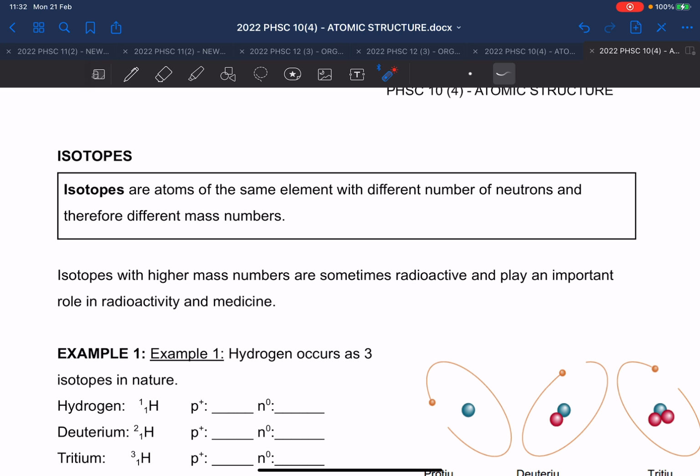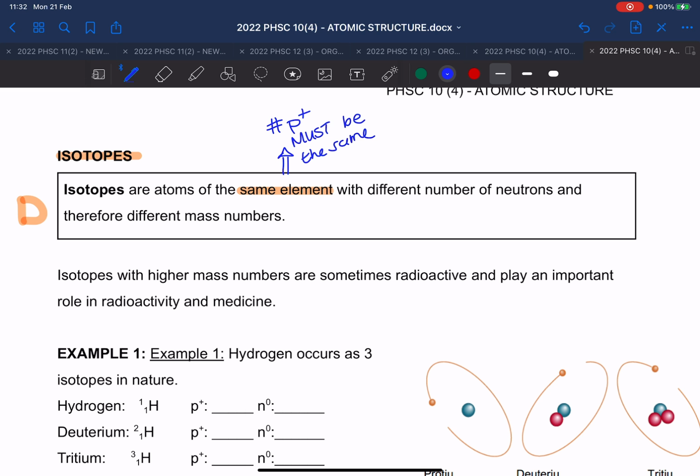Okay, so isotopes. Let's read the definition for an isotope. It says there, isotopes are atoms of the same element. Now when we say the same element, that means the number of protons must be the same.